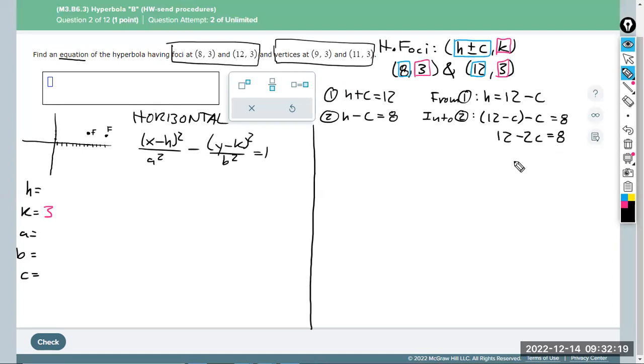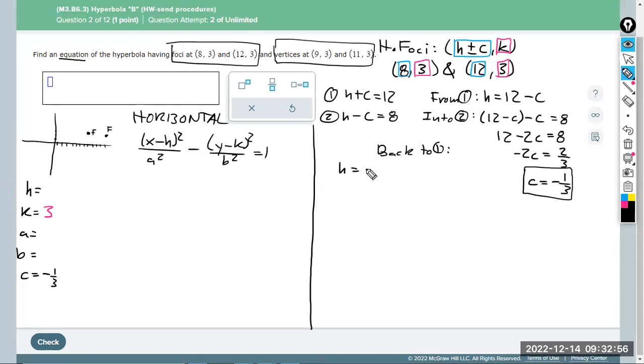That means that minus 2c equals 8 divided by 12. That is 2/3. And if we divide everything by minus 2, we get that c equals 1/3. Okay, so c is 1/3. And finally, we're going to go back to equation number 1.